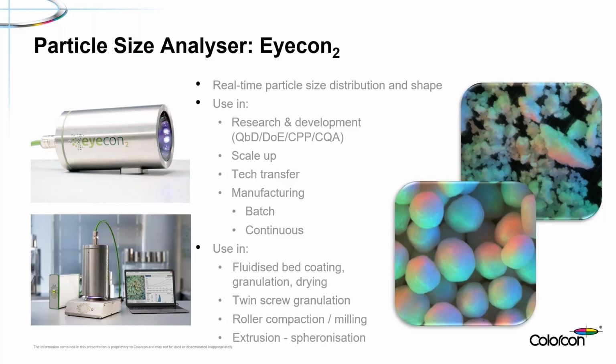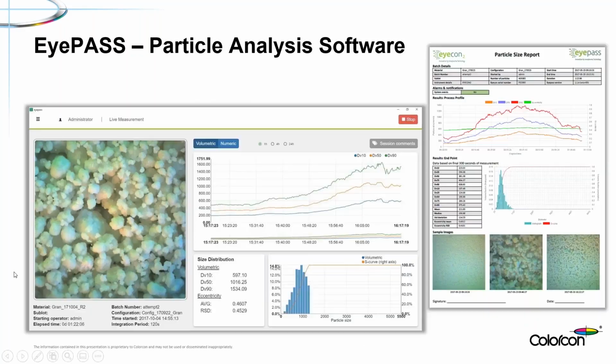And then over the right-hand side, you can see a couple of example images of some multi-particulates and of some fairly rough-looking granulate, which I can't quite recall the provenance of. It could be twin screw, maybe.